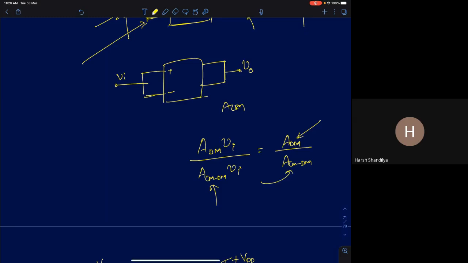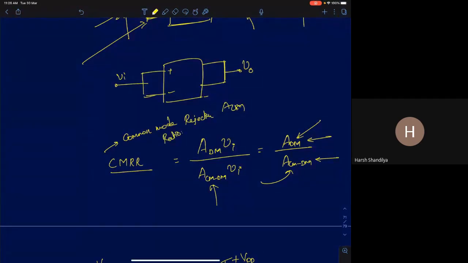This is the gain for the noise, because for a differential system, a common mode input is like noise. So it's the ratio of the differential signal gain to the gain of the noise. This term we call CMRR, common mode rejection ratio.